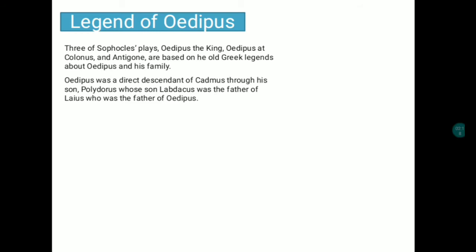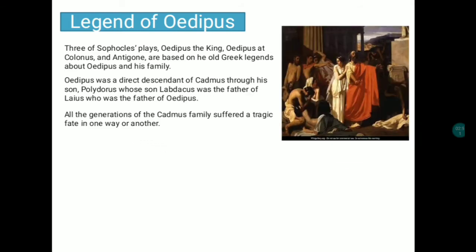He was the first king, and then his son Polydorus came to the throne, and after Polydorus, his son Labdacus became the king of Thebes, and after that his son Laius became the king. And Laius was the father of Oedipus. So that's how kingship was transferred generation after generation.